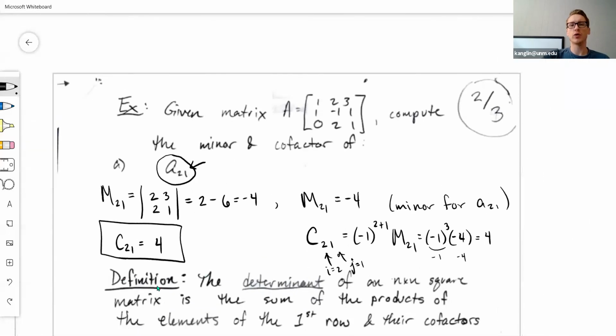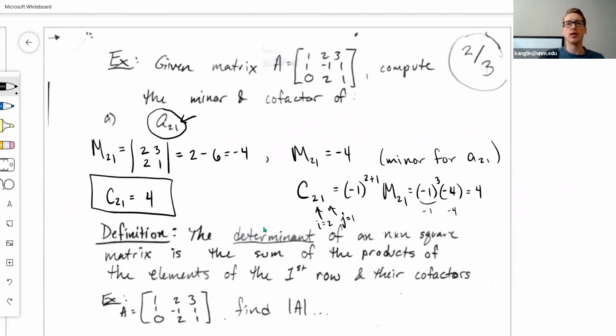The definition we're going to use is that the determinant of an n by n square matrix is the sum of the products, we're adding up a bunch of individual products, of the elements of the first row with their corresponding cofactors. So A11 times C11. A12 times C, let's not try to say it in words, right? It's already complicated. It will be very clear with an example though.